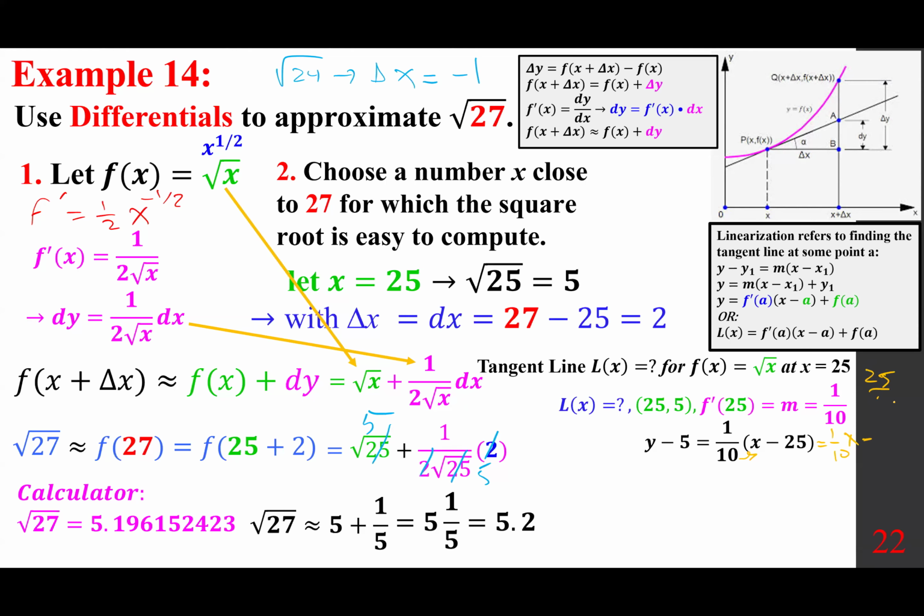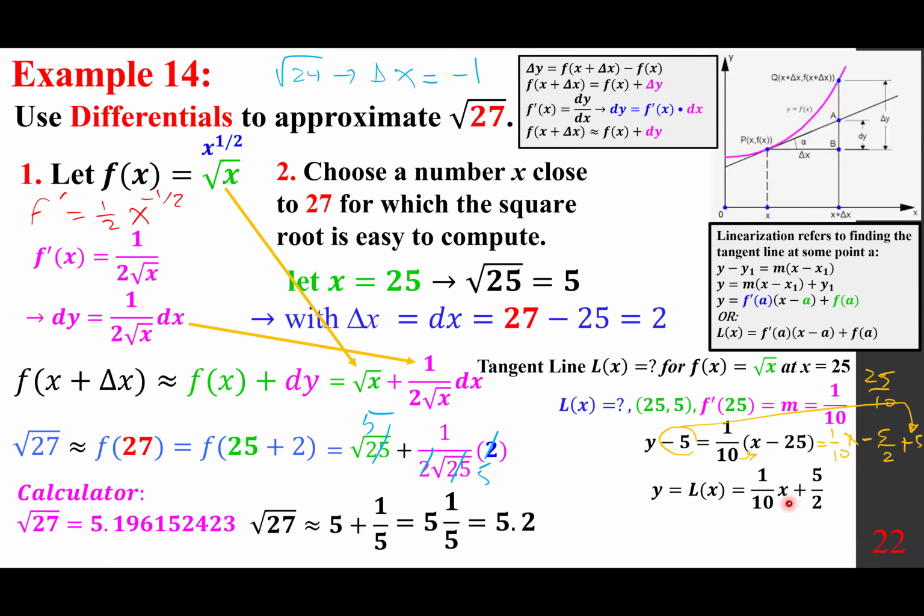Dividing top and bottom by 5, 25 divided by 10 is 5/2. And now if I move this 5, -5/2 becomes positive 5/2. So L of x, the linearization, the tangent line, has the formula 1/10 x plus 5/2.